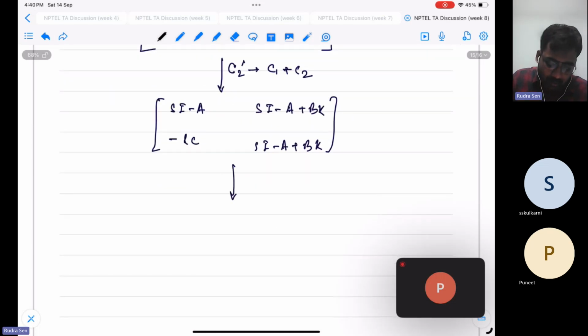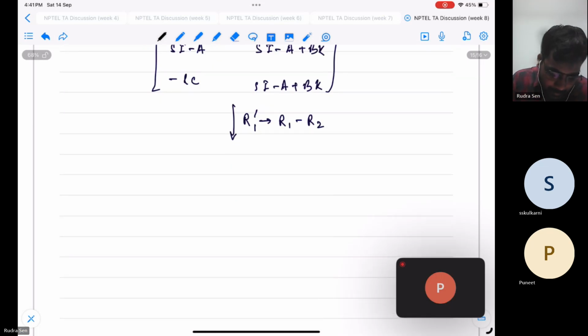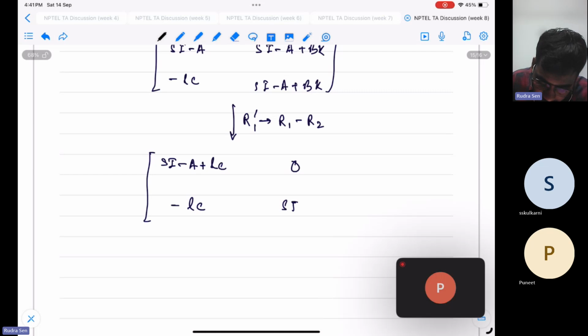Now I will do row 1 is row 1 minus row 2. So what I get is sI minus A minus LC plus LC, which is 0, this is minus LC, and this is sI minus A plus BK.